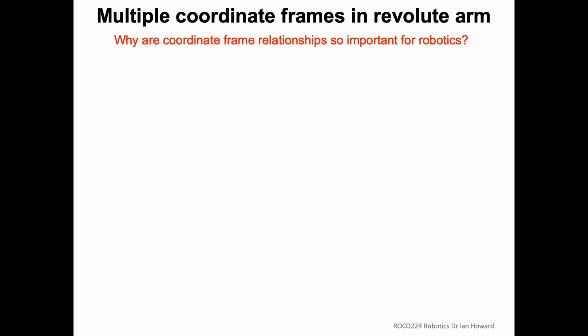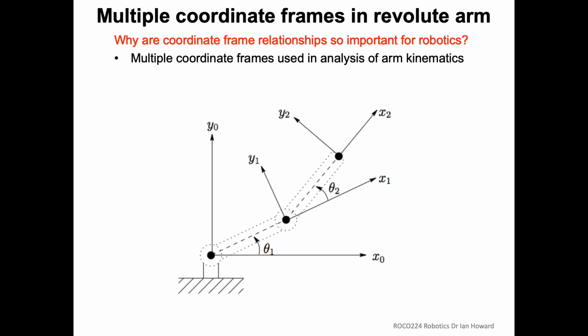So why is it important to map between these different frames? Well, I've already said, because we need to care about the frame of the camera and getting it into the representation of the frame of the robot. But we can also use these different multiple frames of reference to analyze robotic arms, to work out where the endpoint is in terms of the frame at the base of the robot.